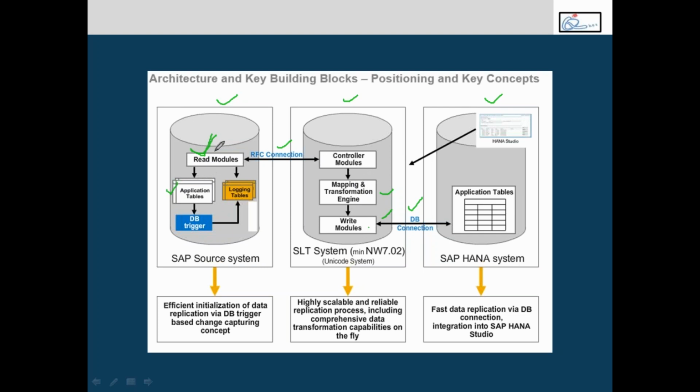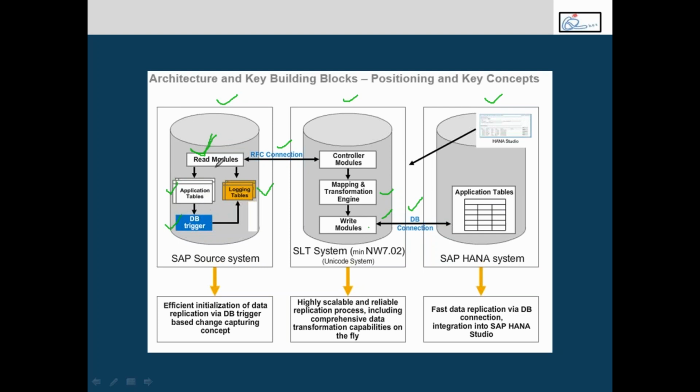Since you're replicating, apart from bringing those 100 records to HANA, it automatically creates a database trigger on this table, and it also creates a log table. You'll have a trigger on insert, a trigger on update, and a trigger on delete on this table.